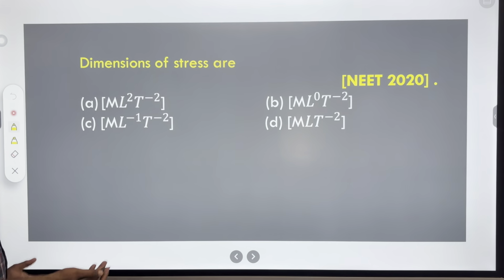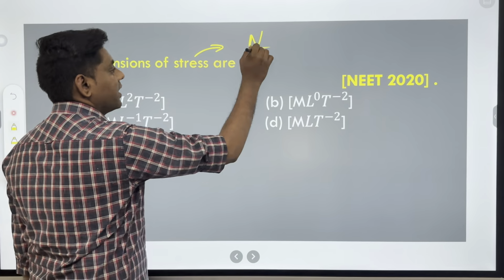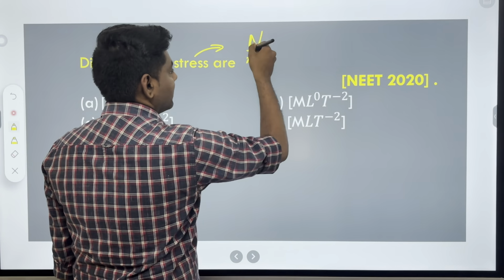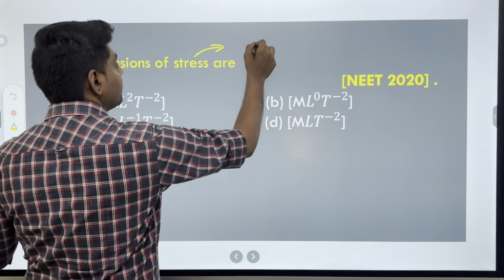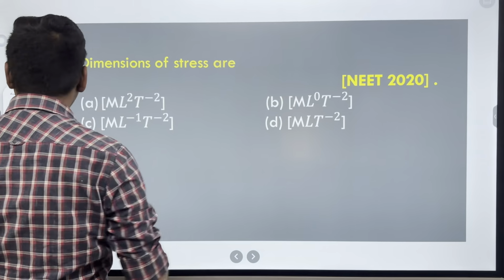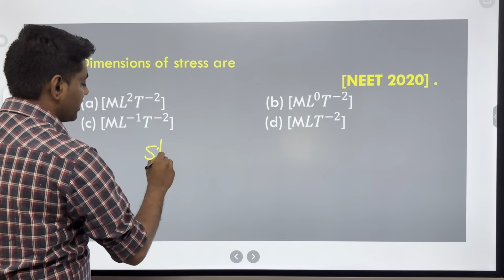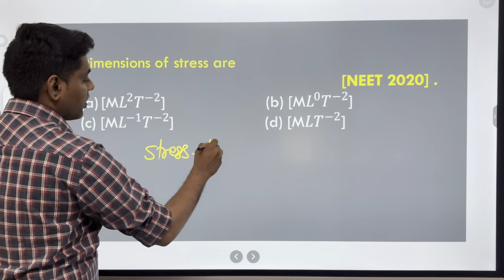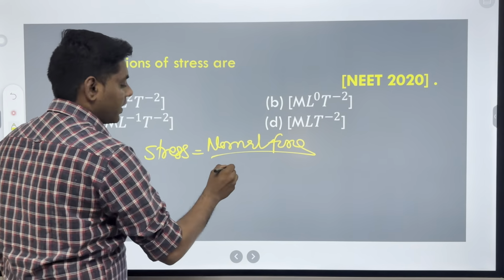Next, the dimension formula of stress. Very simple. Stress means the normal force divided by area. Remember the formula: stress equals normal force divided by area.